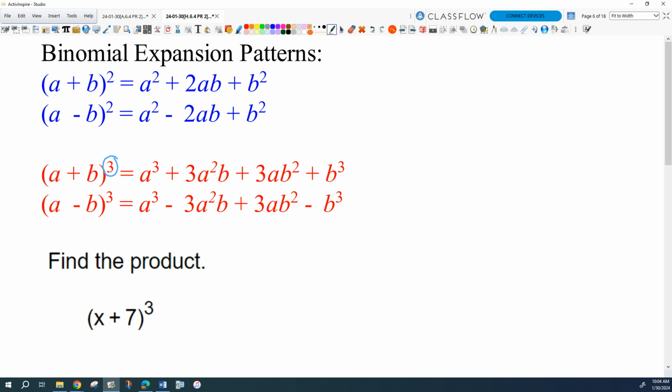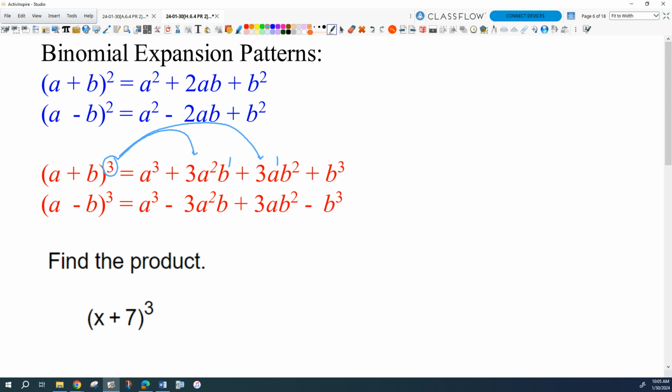So I've got an a cubed in the first term. Second term, I've got an a squared times a b to the 1. 2 plus 1 is 3. Third term, I've got an a to the 1 times a b squared. And then finally, I get a b cubed. So the exponents always add to 3. The coefficients of the middle 2 terms are also equal to whatever that power is, so they're both 3's.